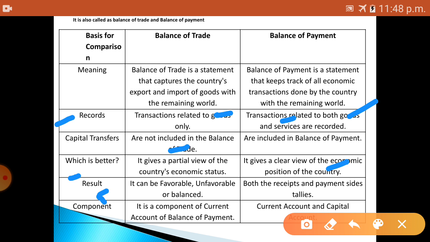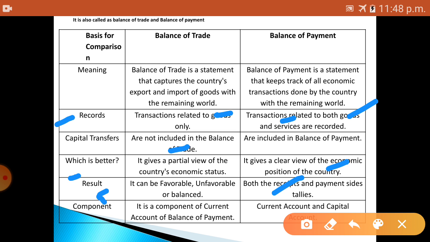Next comes results. In balance of trade it can be favorable, unfavorable or balanced. In balance of payment, both the receipts and payments should tally.